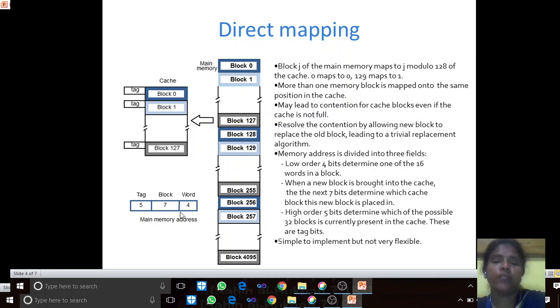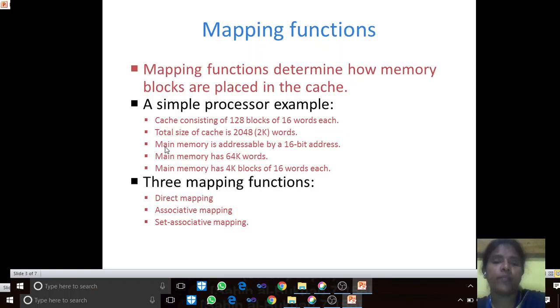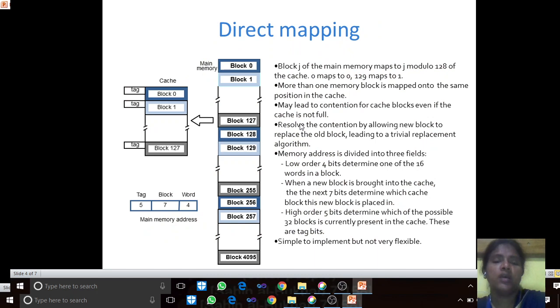You can see in direct mapping, the memory address is represented by three fields: word, block and tag. Each block of the cache has 16 words. So each block contains 16 words.